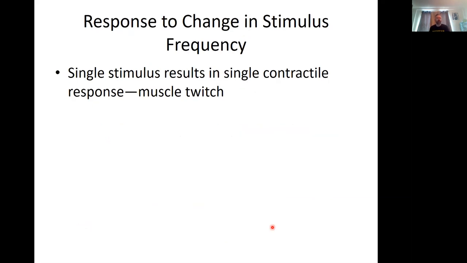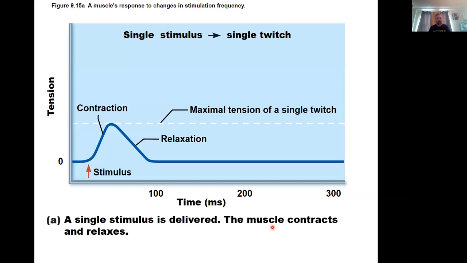Here, change in stimulus frequency, we're going to rely on the fact that we have this long relaxation period. And the reason we're going to worry about that is that the force, the tension that's generated by a single stimulus, doesn't necessarily have to start from zero.